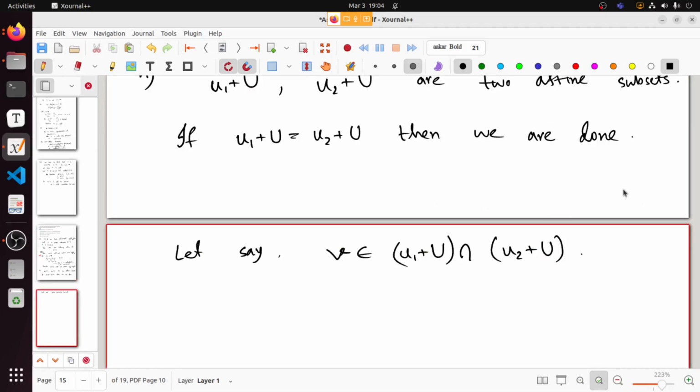If they are disjoint, then we are done. So suppose they are not disjoint, meaning there is some vector in the intersection.